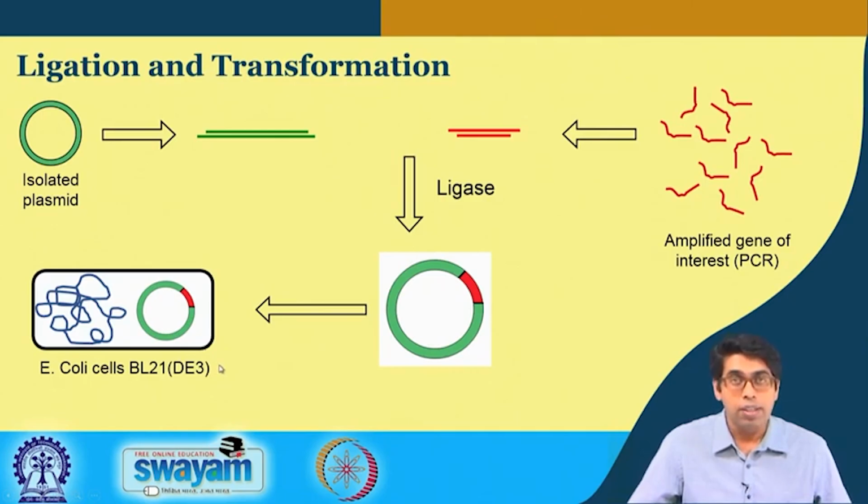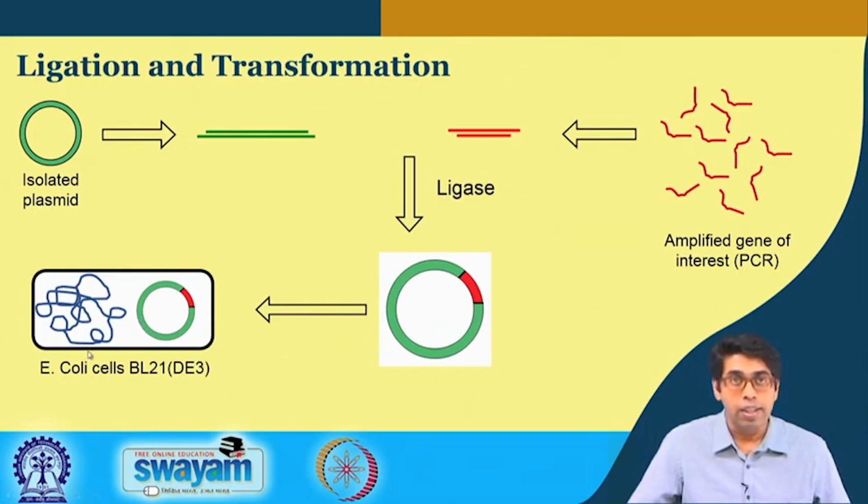So, the way this is done, if you remember from the last lecture, these vectors have a selectable marker. So, in this case, let us say the selectable marker is kanamycin. So, only those bacterial cells which take up this vector will have that selectable marker. So, in our agar plate we add kanamycin.